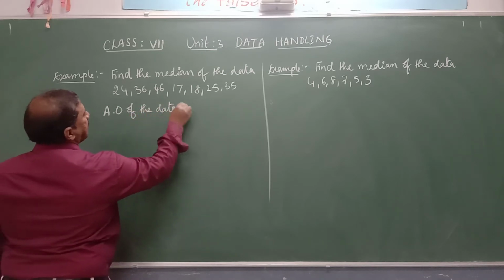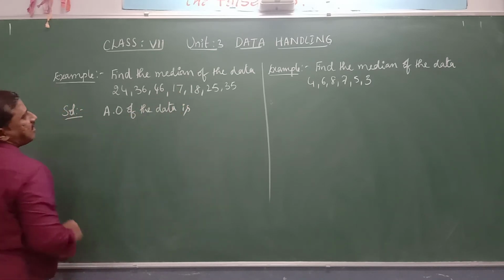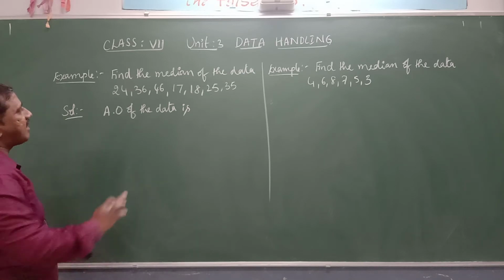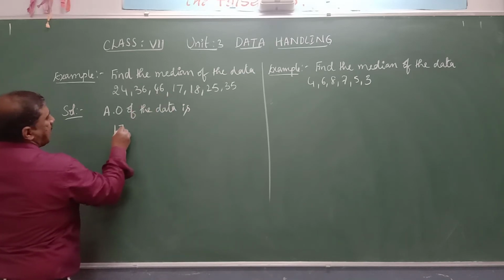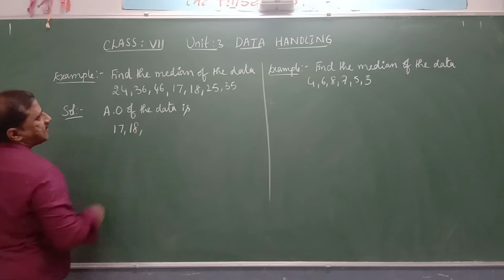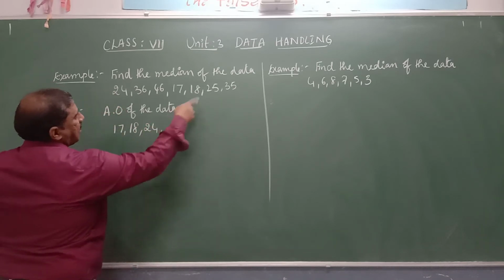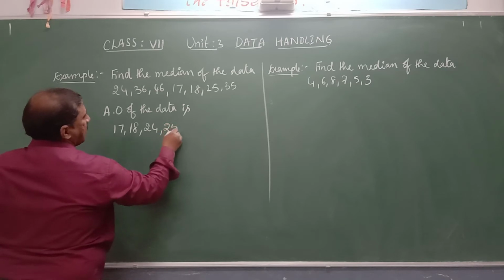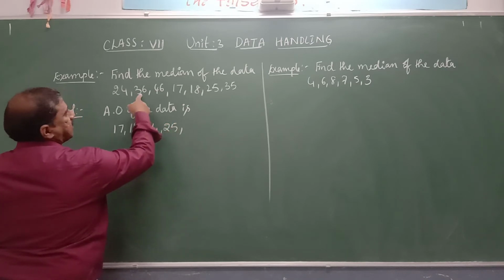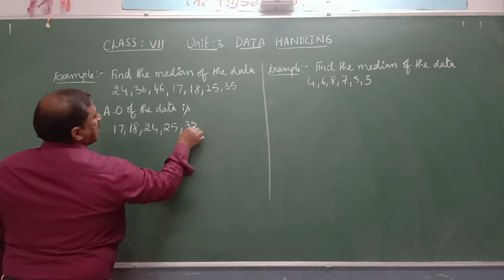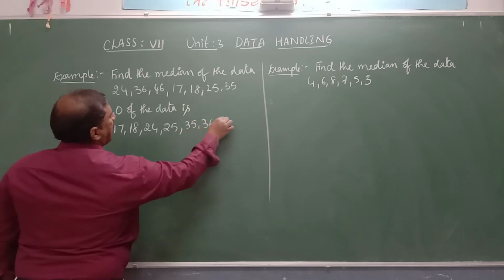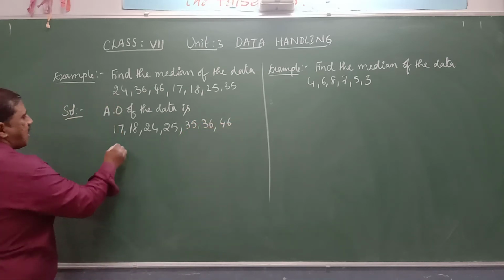The ascending order of this data: identify the smallest value, it is 17, then 18, after that we have 24, then 25, then 35, 36 and 46.